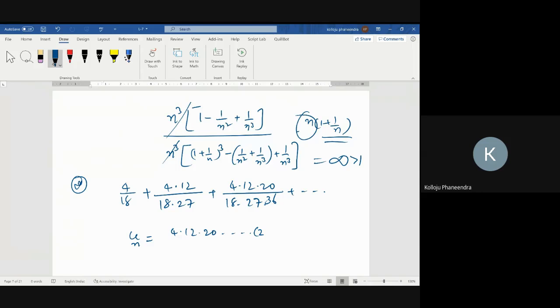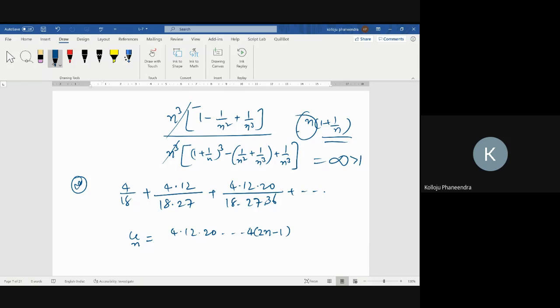What is this nth term? Numerator: 4 into 1 into 3 into 5 and so on up to 2n minus 1. When n equals 1, it is 4, right?